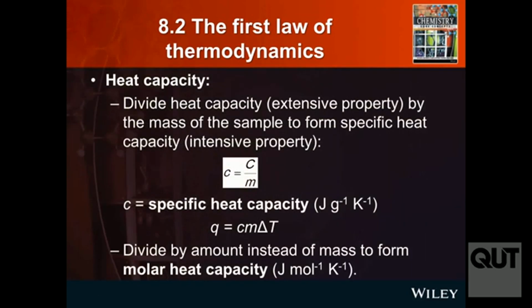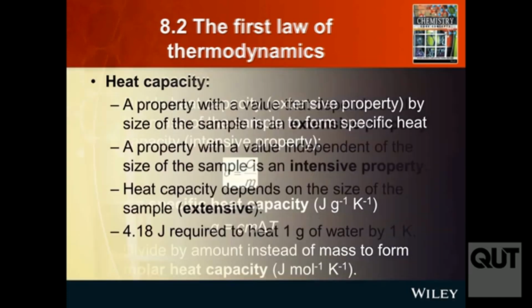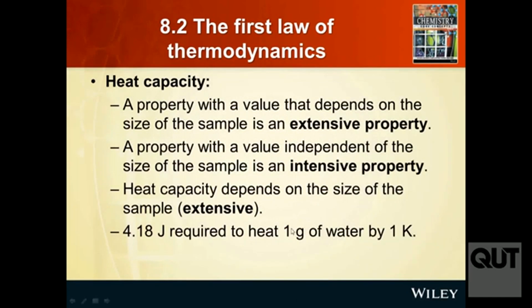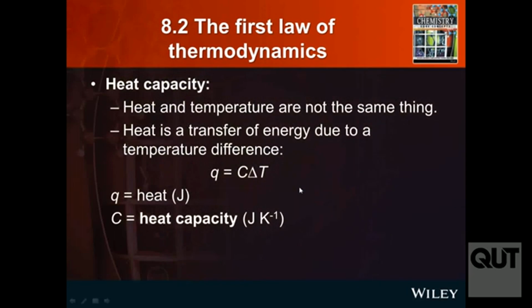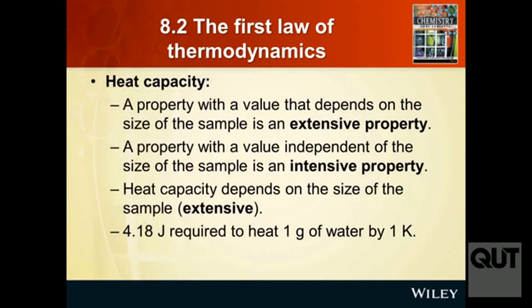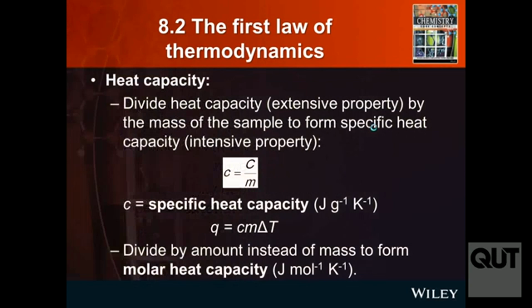So now you can take the heat capacity, which, remember, is characteristic. It's an extensive property, and it's got units of mass in it, right? Let me go back. So the heat capacity is in joules per Kelvin.